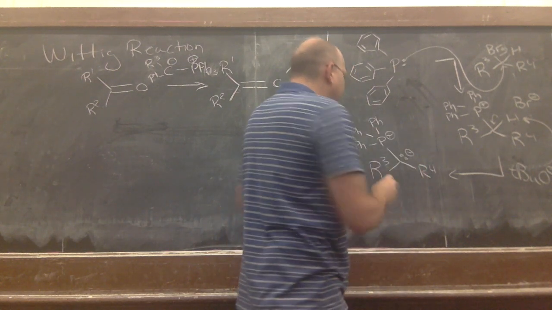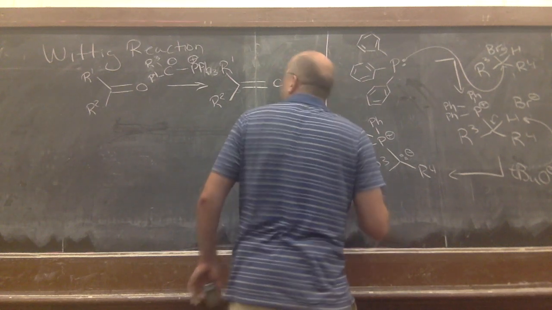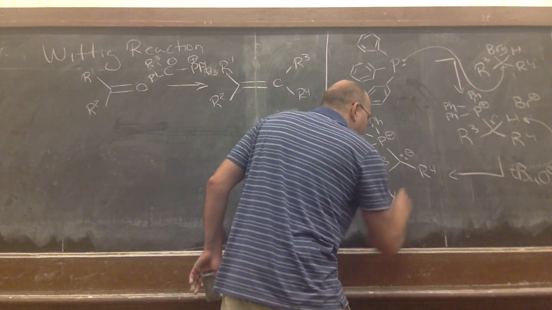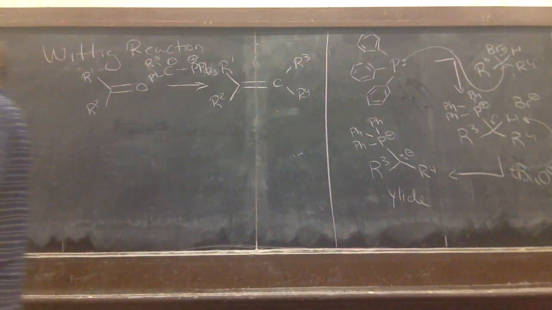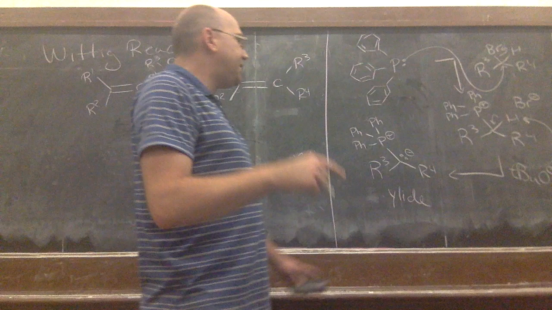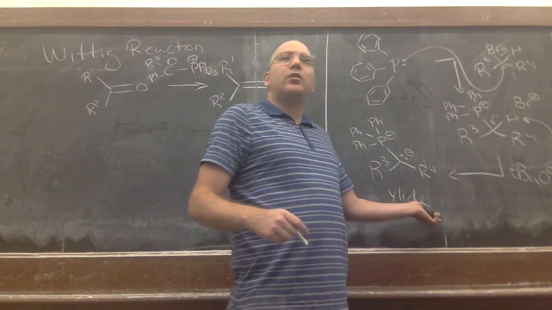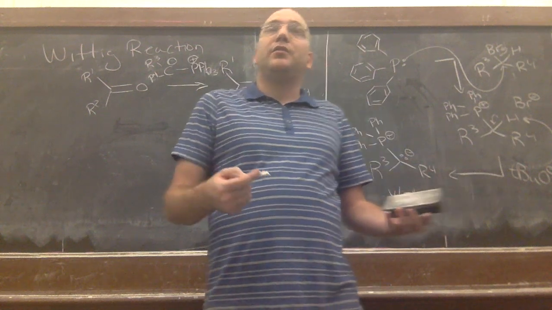That's going to get us to this molecule here, which is called an ylide. Have you heard the term ylide in the past? I don't know if you have. Ylide, Y-L-I-D-E, is a term referring to molecules with a negative charge and a positive charge on adjacent atoms, right? It's not resonance.